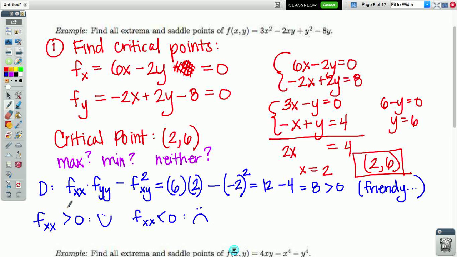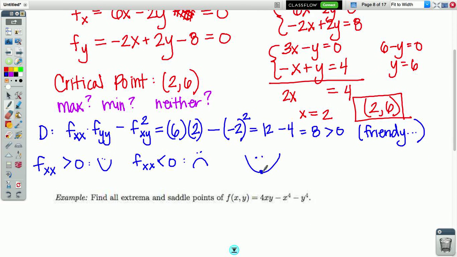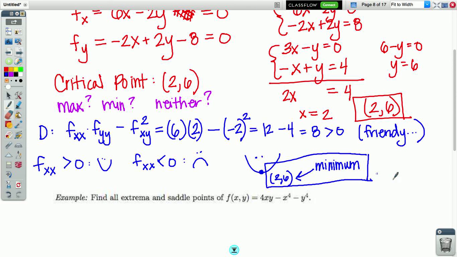So it's just going back to concavity. Well, in this case, my second derivative, f sub xx, is positive, so I know I've got a happy face situation. My function is concave up, which means that critical point, that point (2, 6), must be a minimum, because it's at the bottom of a happy face. So this point (2, 6) is a minimum.